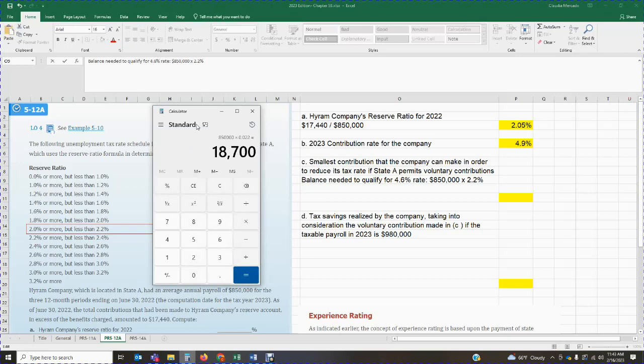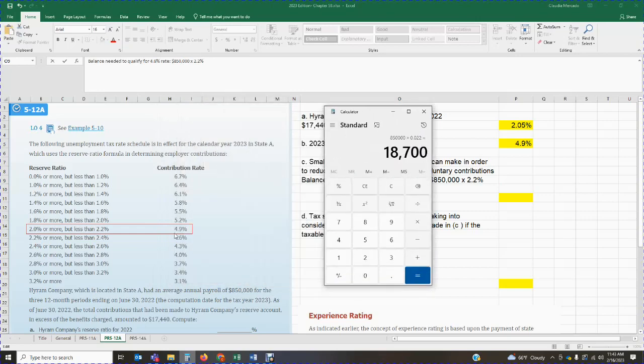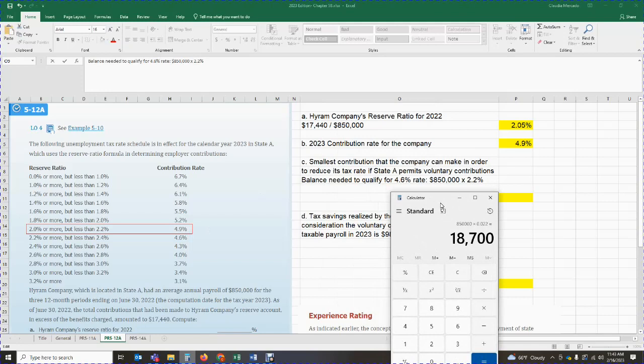So we're trying to figure out here, I am currently in this tier, paying a contribution rate of 4.9. If I want to move down a tier, make a small contribution to go down one tier, what is the smallest contribution that the company can make in order to reduce its tax?